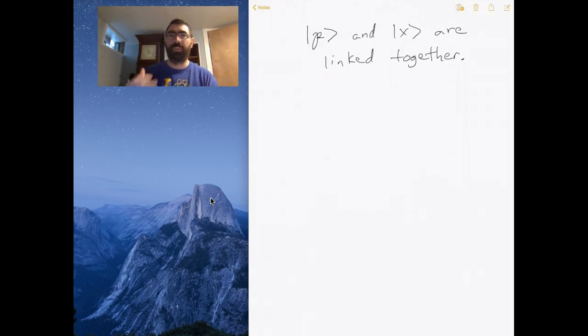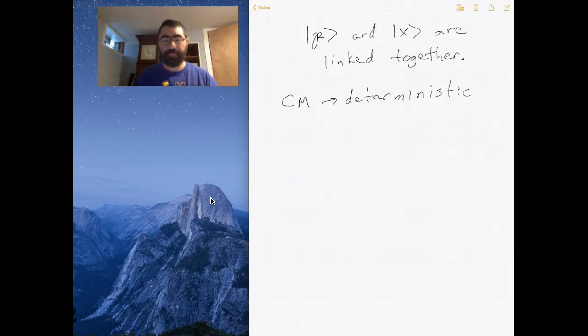Now, that reinforces what I keep saying over and over again, that classical mechanics is deterministic, meaning that I can set up the experiment of a collision, and then I can determine what's going to happen based on all of the input parameters.